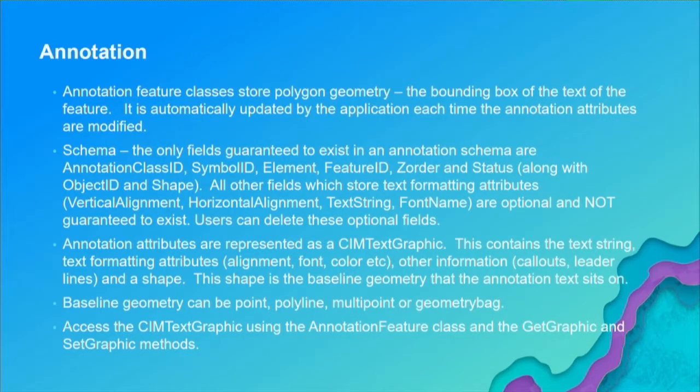The other key difference between annotation and other geometry types is the schema. Annotation has a very specific schema, and there are only a few fields that are guaranteed to exist. A lot of the other fields you may find, you may not find them. And these fields store text formatting attributes such as the vertical alignment, the actual text string itself, what font, whether it's bold or italics or underlined.